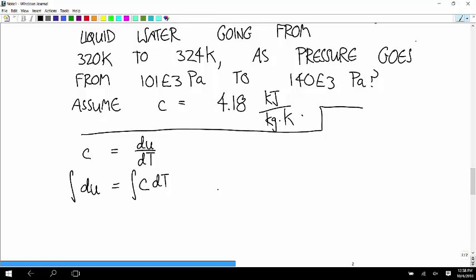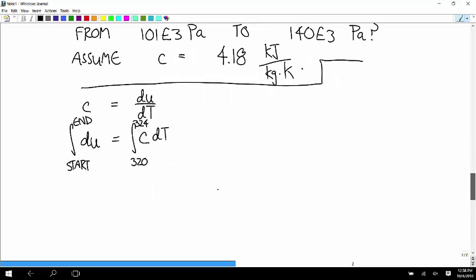And then we can integrate, from the start point to the end point. This one is from 320 Kelvin to 324 Kelvin. And so delta specific internal energy is equal to, if you integrate this, C T evaluated from 320 to 324.